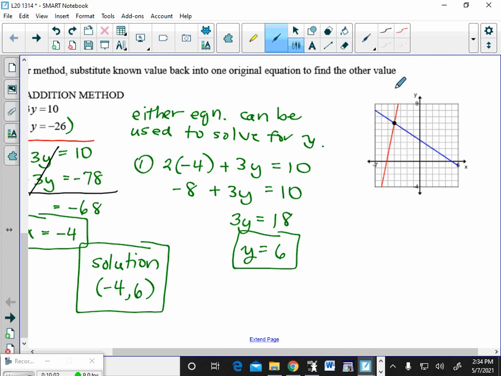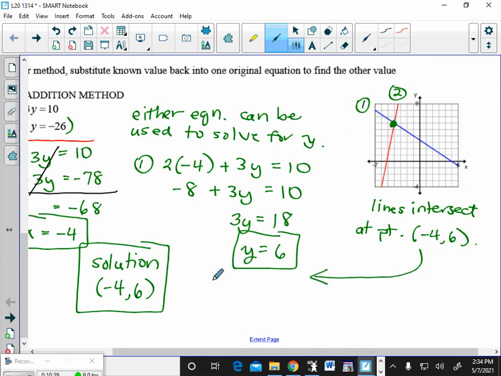So that's equation 2 and equation 1, just in case you would put those in your calculator. And look where those two lines intersect. The lines intersect at this point, -4, 6, which is exactly what we got.